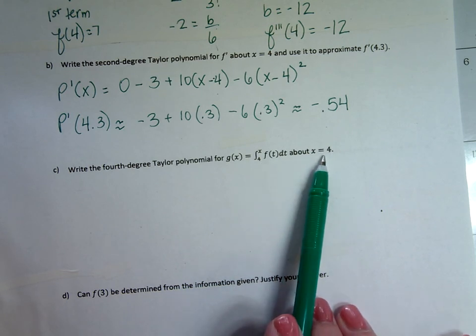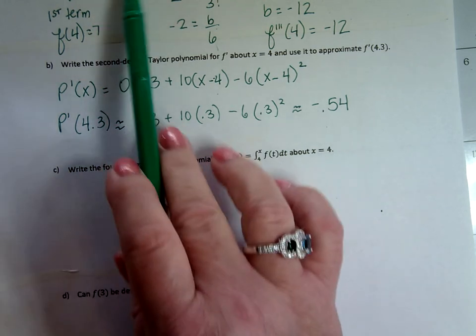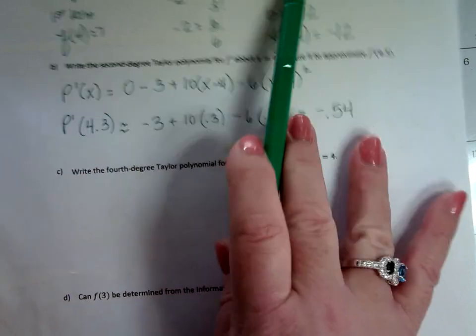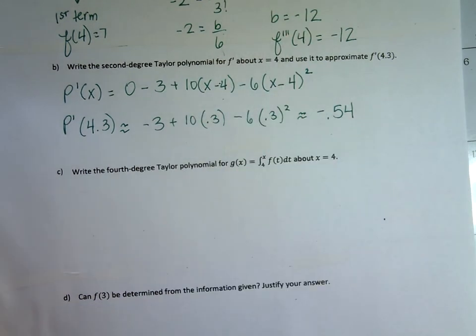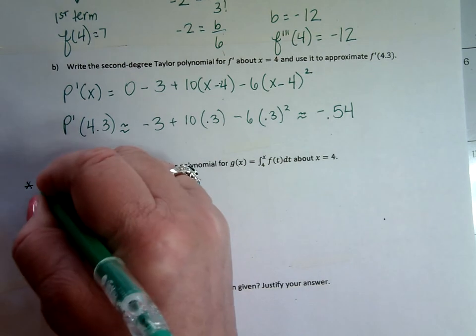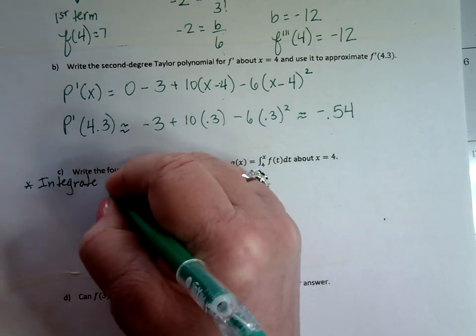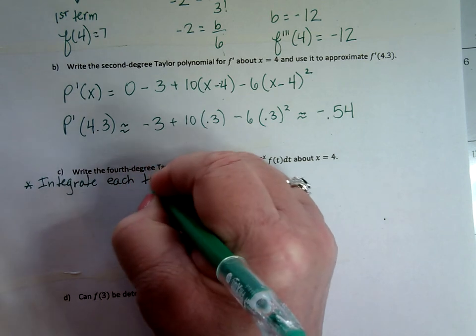But what they want you to do, and we already have the fourth degree polynomial. They gave it to us up in the directions. I know it kind of is off my screen. But you already have what the polynomial looks like. And so what you're going to do is integrate each term. Where back in B, they wanted you to find the derivative of each term.